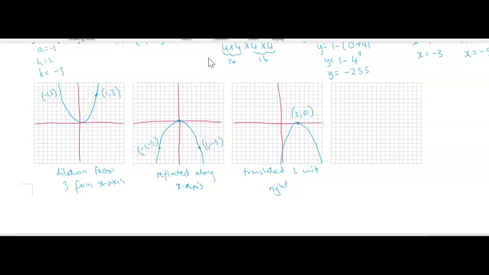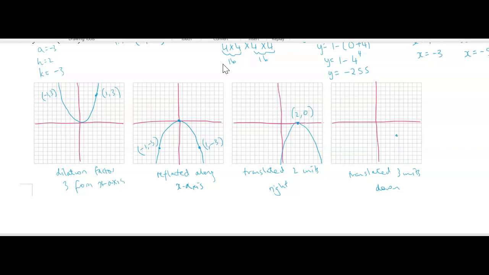All right, and then our last one. What has happened? It's gone down 3. Translated 3 units down. Now we should say the x-axis or the y-axis in positive or negative direction, but that takes a lot of writing, and clearly I can't write that well on the computer.